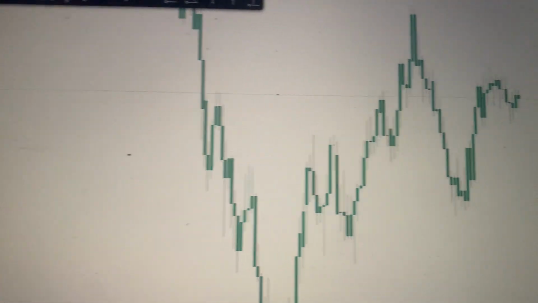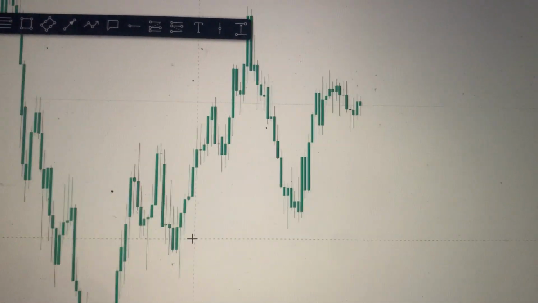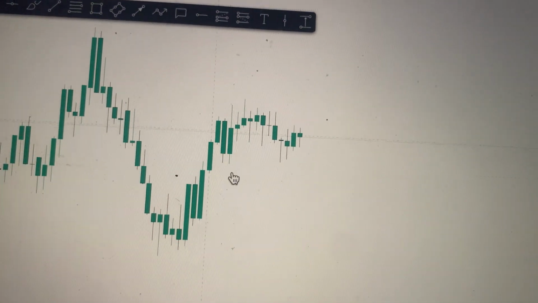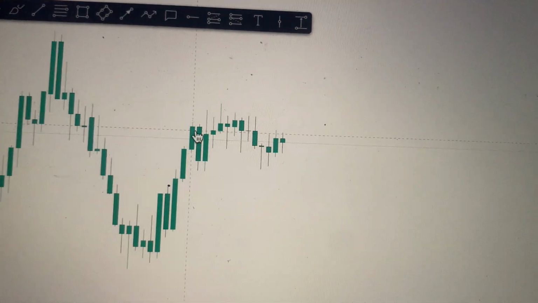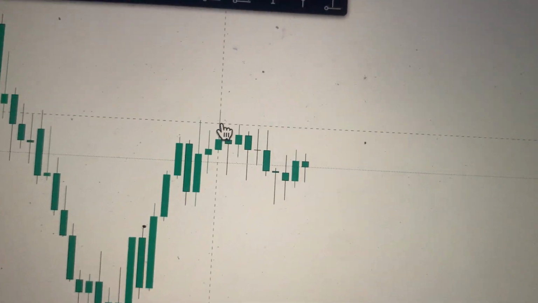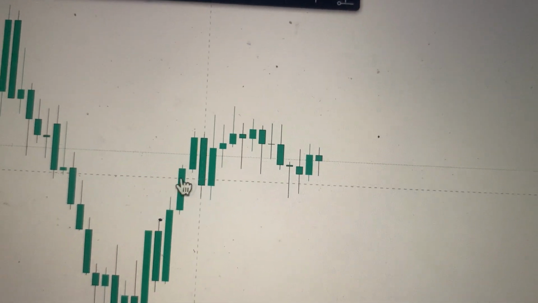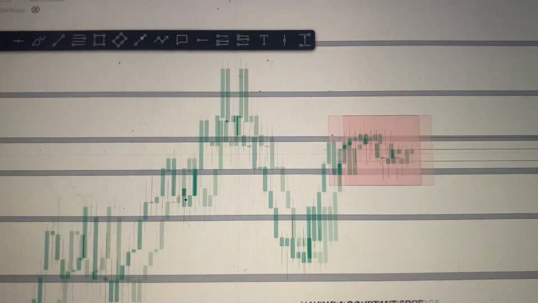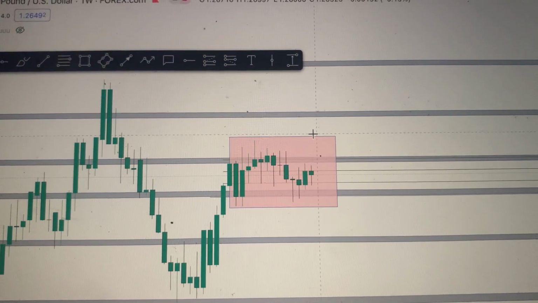These are my markings. So on the weekly time frame, we can see that we had a pullback, then we continued pushing back up, then we started pulling back towards the support zone. So let's put out our zones on the chart so we know what we're doing.